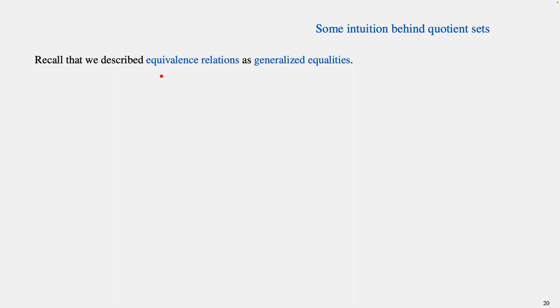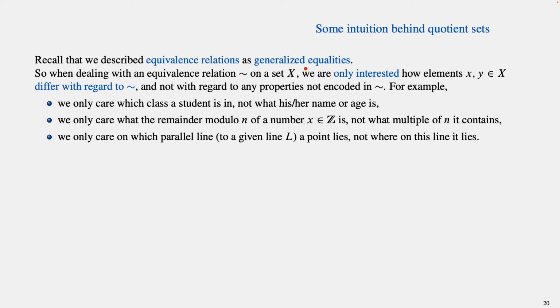Recall that we described equivalence relations as generalized equalities. So when dealing with an equivalence relation tilde on a set X, we are only interested in how the elements differ with regard to this equivalence relation and not with regard to any properties that are not encoded in the relation. For example, we only care which class the student is in, but we do not care about the student's name or age.